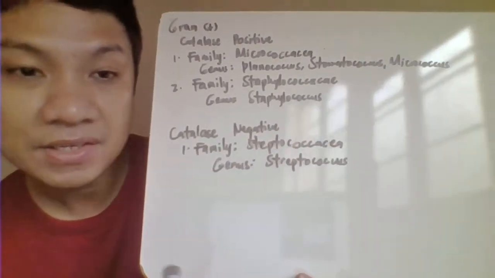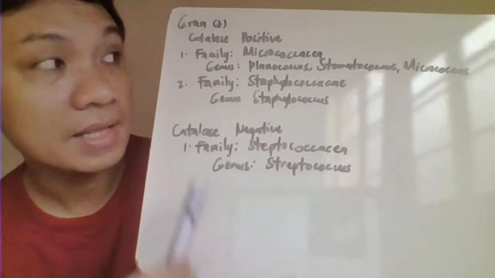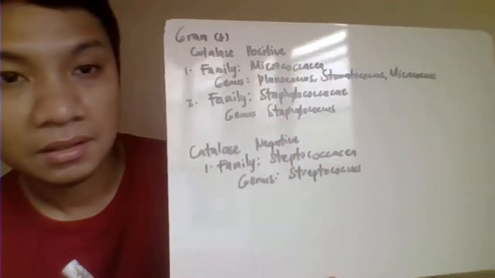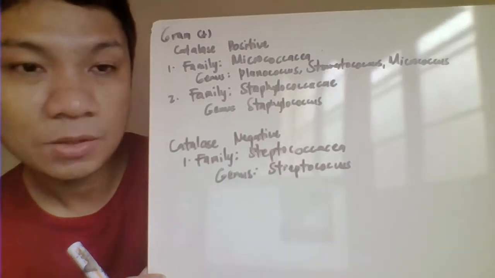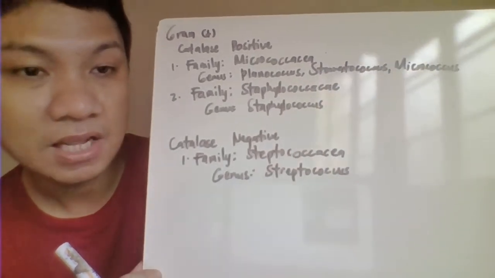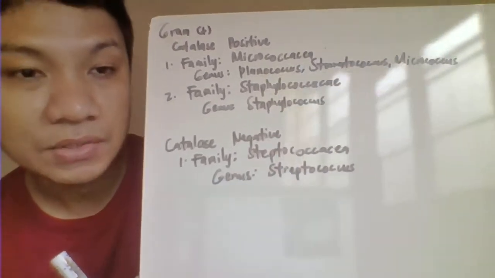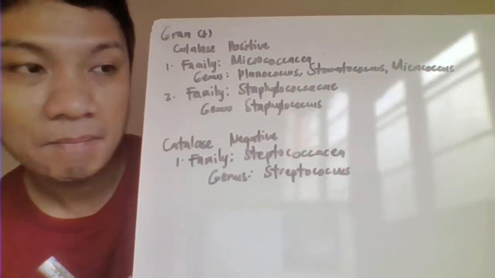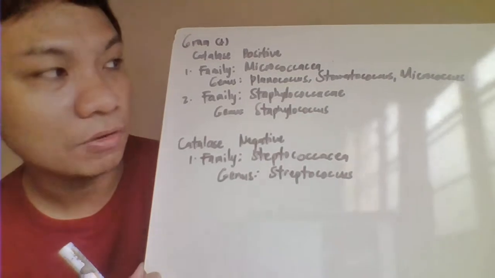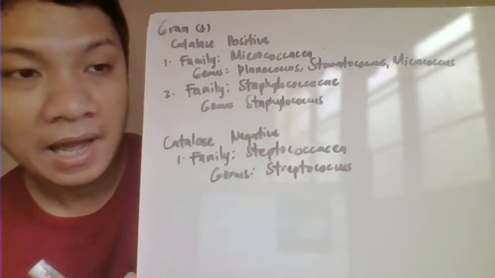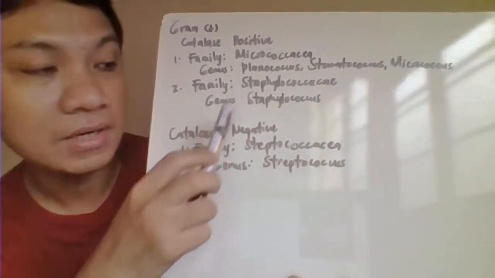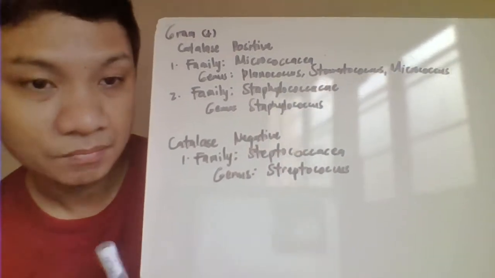They are differentiated from one another by the catalase test. The catalase test will give a positive result for the family of Micrococcaceae, which includes the genera Micrococcus, Planococcus, and Stomatococcus. Catalase positive is also found in Staphylococcus.